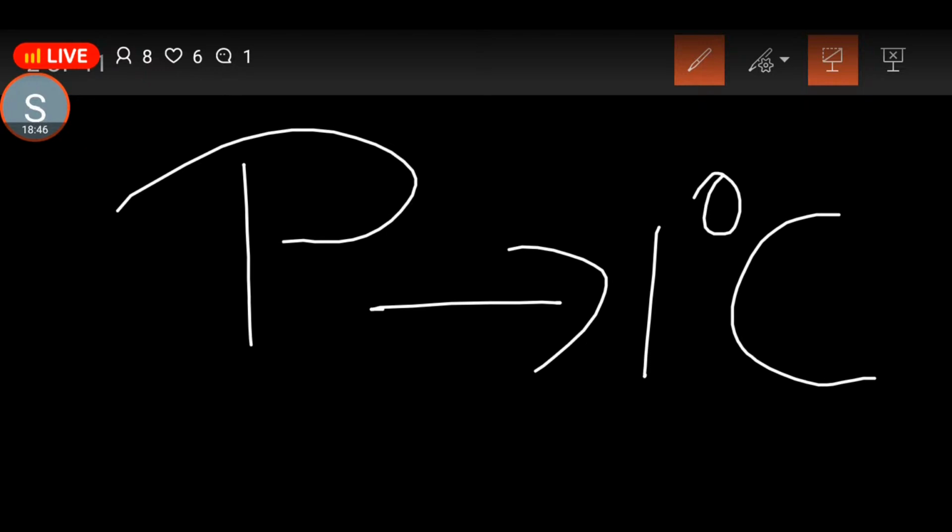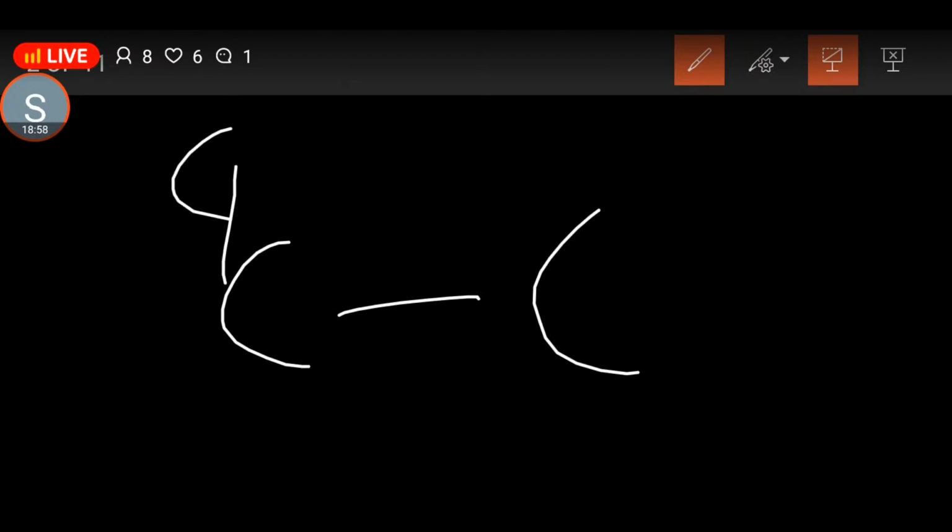Then it is called a primary carbon atom. Means if the carbon is attached to only one other carbon atom like this, then it is called a primary carbon atom.